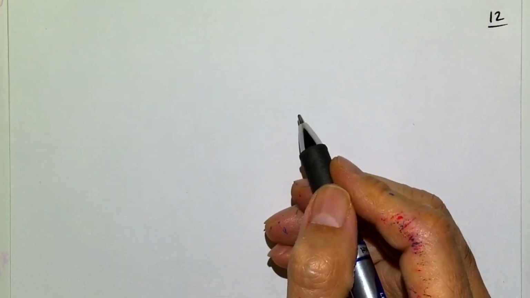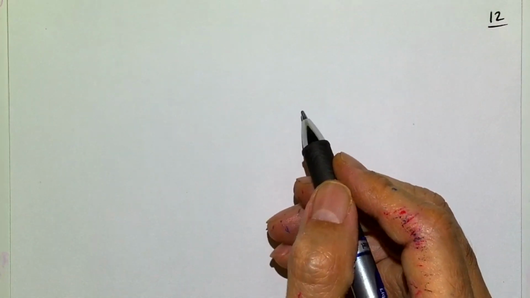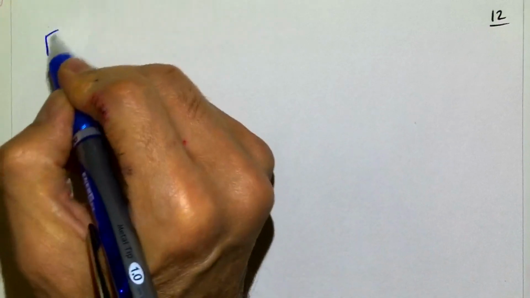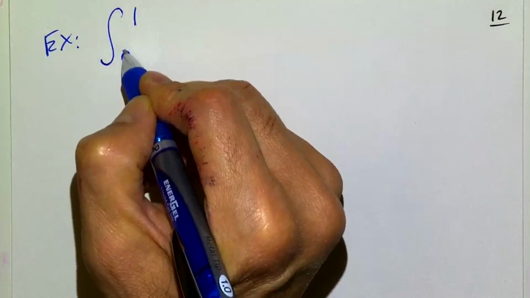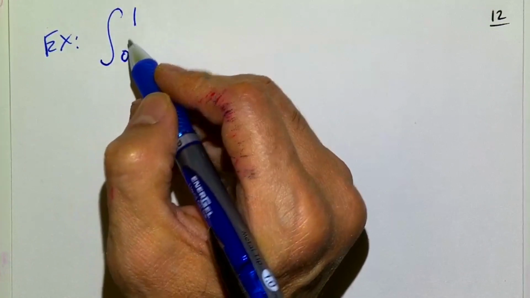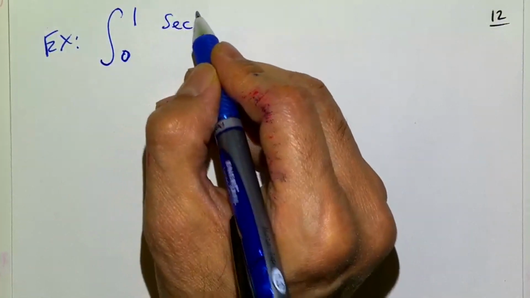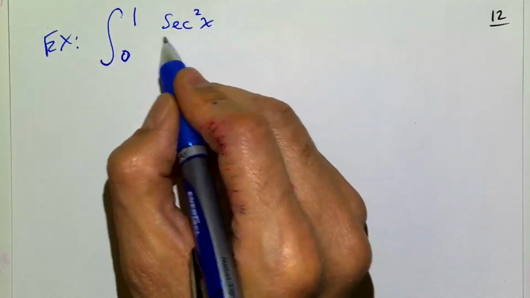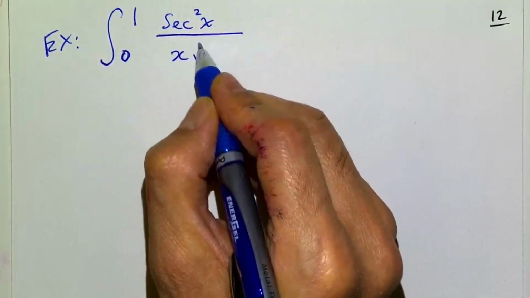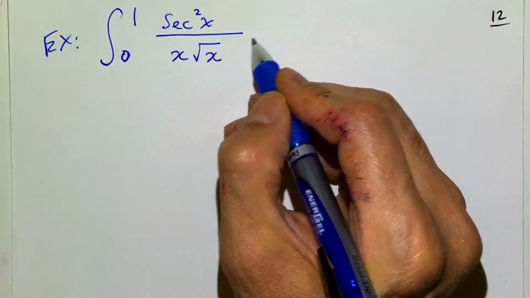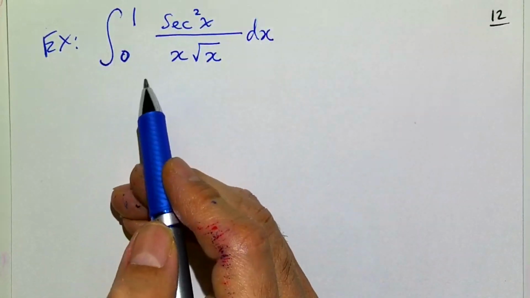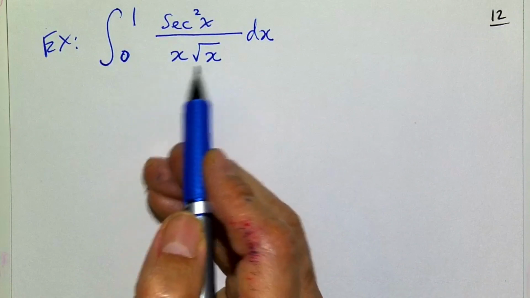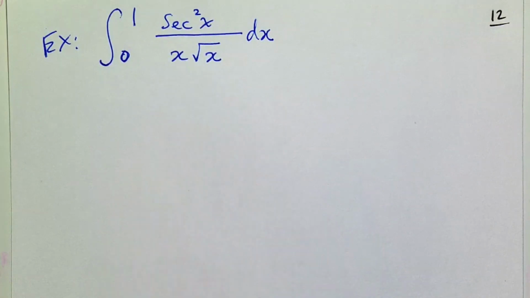Okay, suppose we want to apply the comparison test to this integral from 0 to 1 of 1 over x times the square root of x dx. So notice that for sure x equals 0 is a vertical asymptote, right?